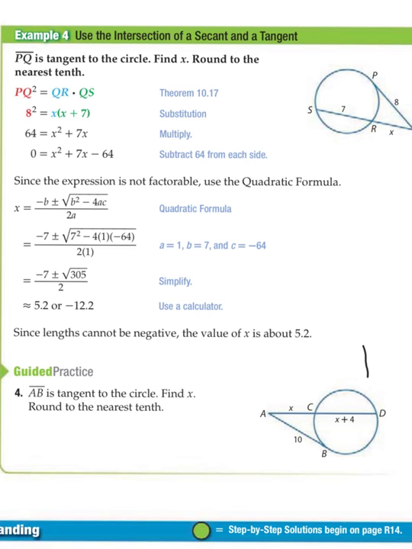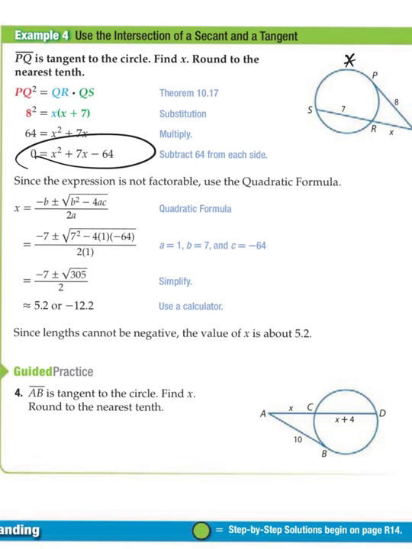Our last rule was when we have a secant segment and a tangent segment extending to the same circle from the same exterior point like we do here. We still find the entire secant segment times its exterior part, but this time that's going to equal the tangent squared. And as I start to work this out, I see I'm going to have a quadratic equation, and when I get my 0, I have a quadratic equation that doesn't factor.